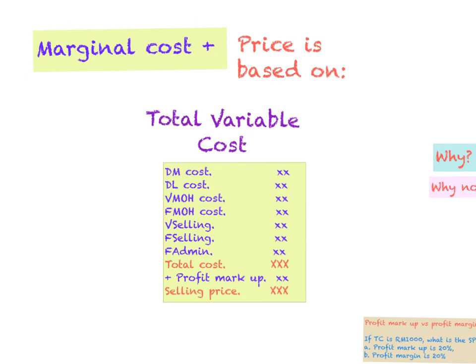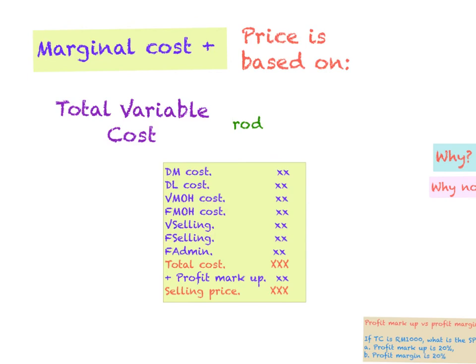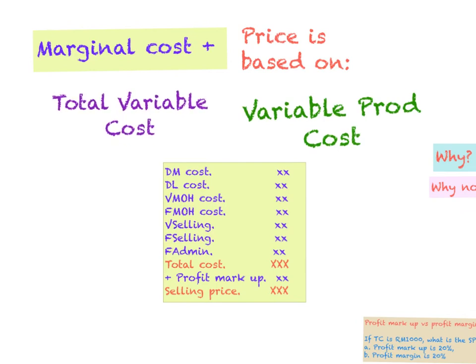Under marginal cost plus pricing, the price is set based on total variable cost. Just now, with full cost plus pricing, the price is based on full cost. But for marginal cost plus pricing, we only focus on the variable cost. But like the full cost plus pricing, the variable cost plus pricing also focuses on two bases, almost the same.